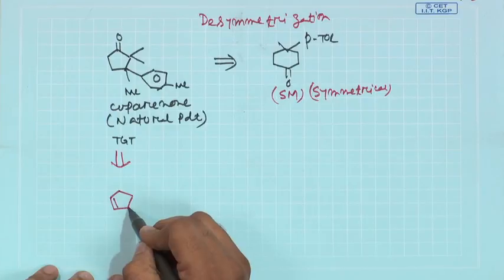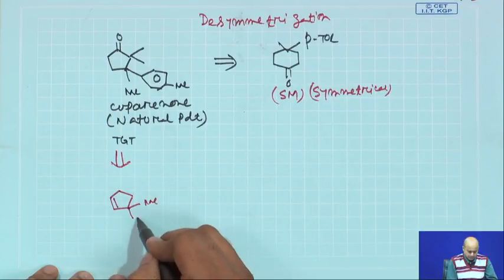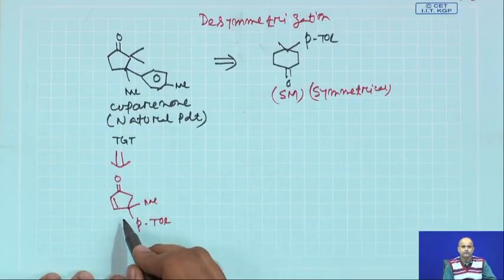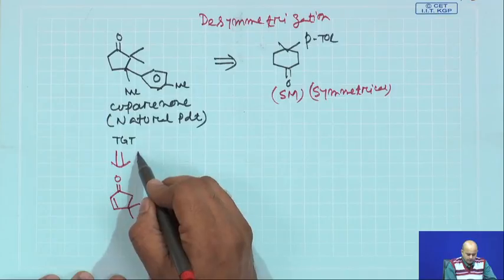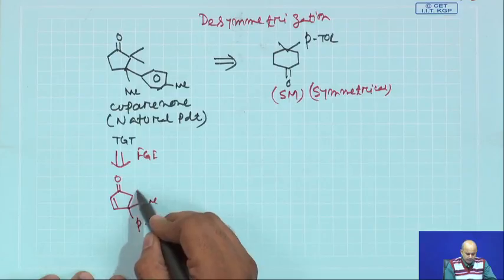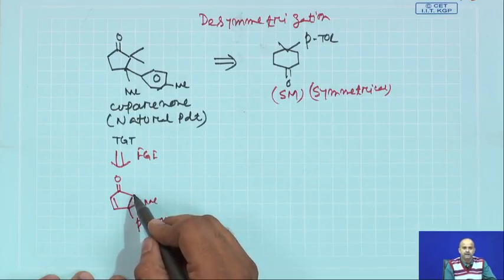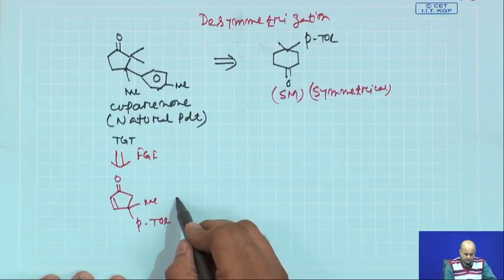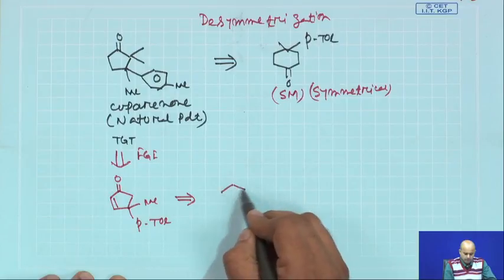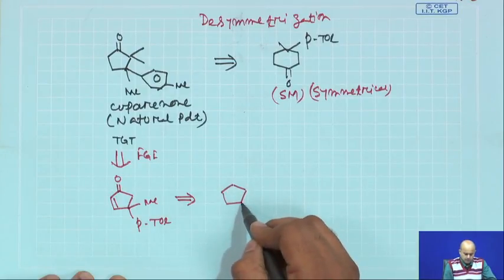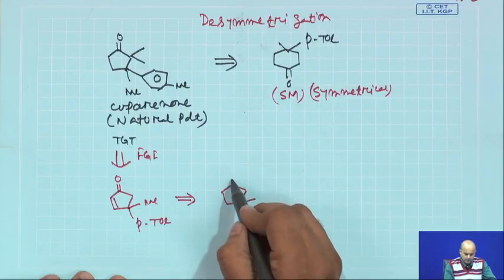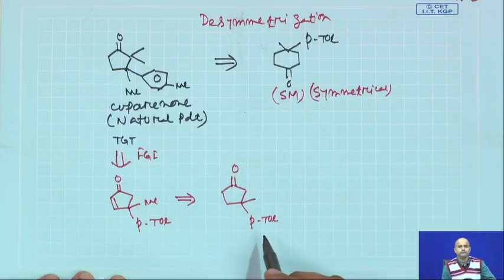So, I say if you have this particular ketone as an intermediate, you can do a simple FGI to put in the two methyls, the gem dimethyl, by successive alkylation. Now, for this alpha beta unsaturated ketone, you can think about how it can be constructed if you have a compound like this.